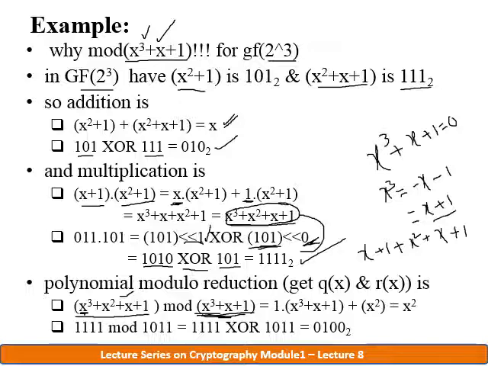If I do the XOR operation, x plus 1 cancels with this x plus 1, and we are left with x square.